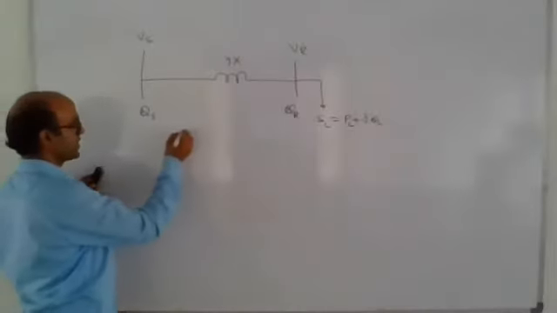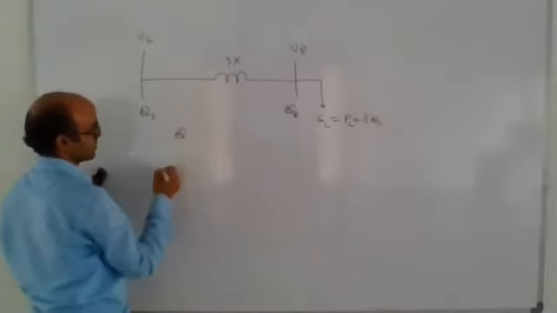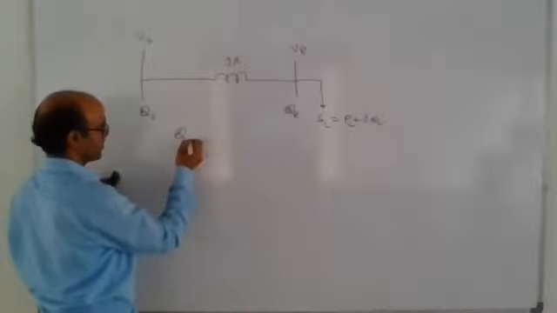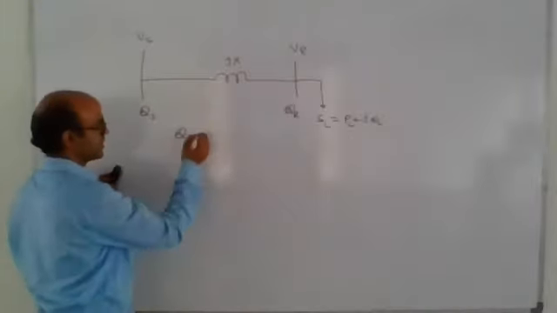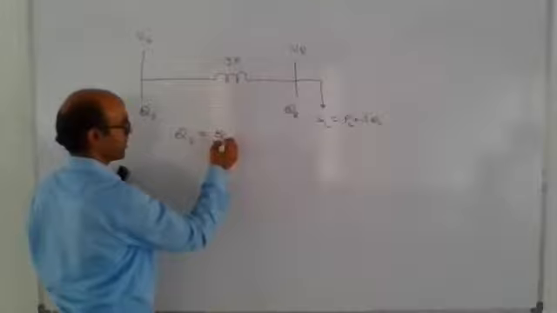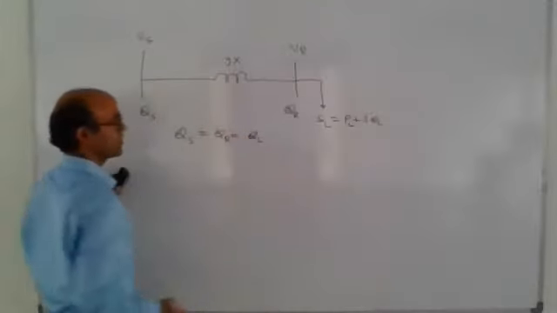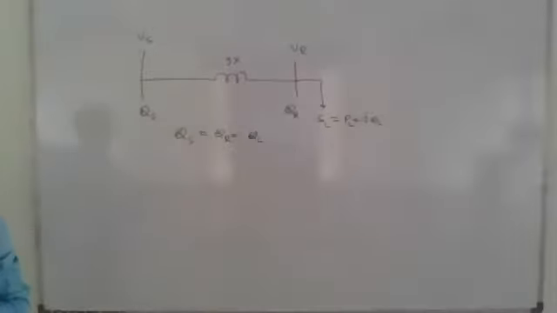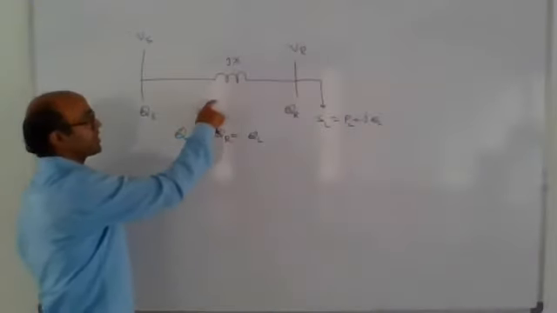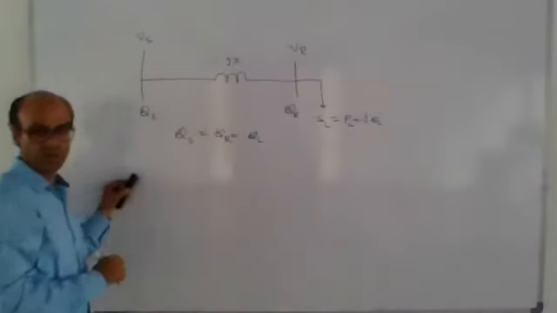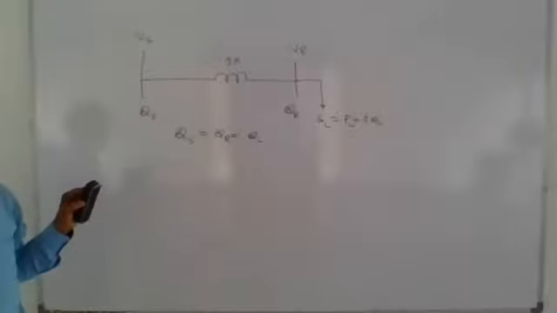So whatever the sending end power, the same power is going to the load, that is QL. It means the reactive power taken by the transmission line is zero. That we are assuming.